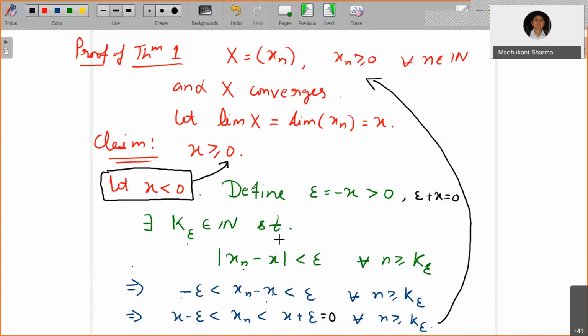In other words, suppose you are looking at the solution of some equation, but you cannot solve it analytically. So what you will do is generate a sequence of approximation.